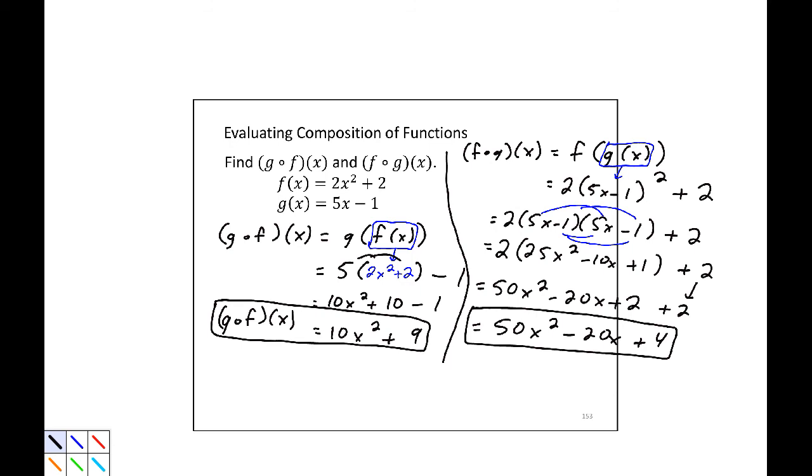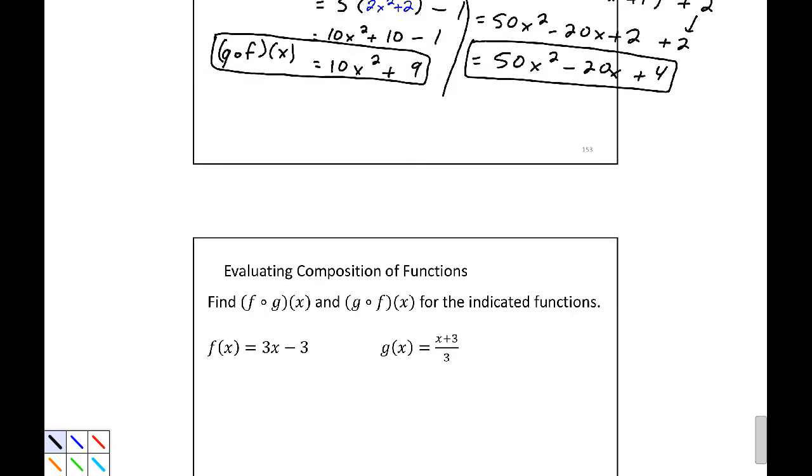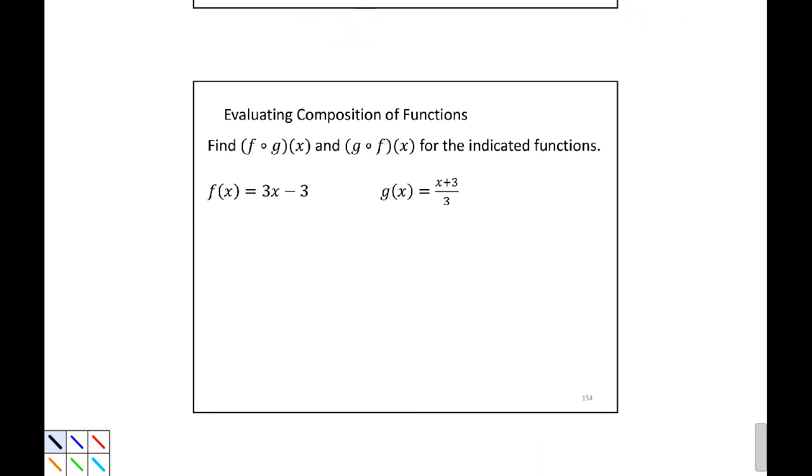The last example we're going to have, and of course you can replay these. I would suggest you do so. The last example we have is find f of g of x and g of f of x for the indicated functions. We have f of x equals 3x minus 3. And g of x equals x plus 3 all over 3. So f of g.